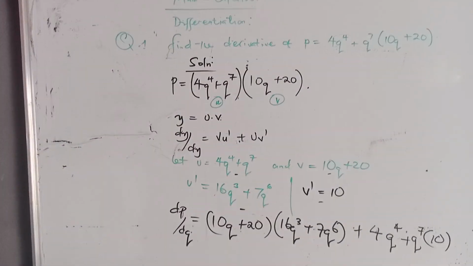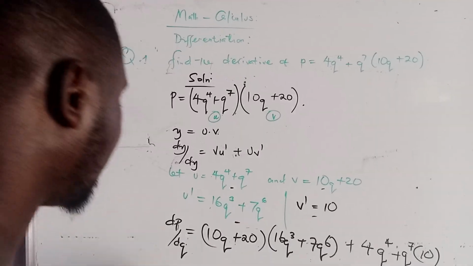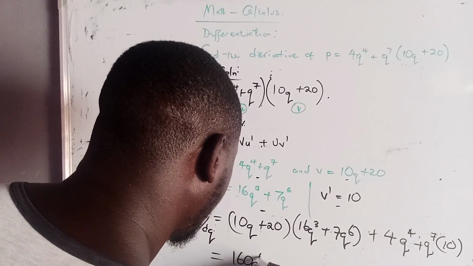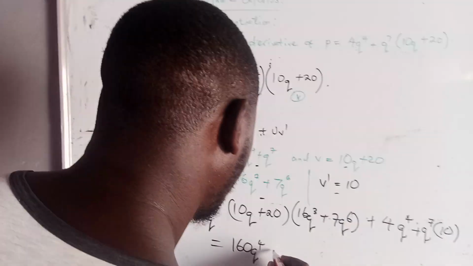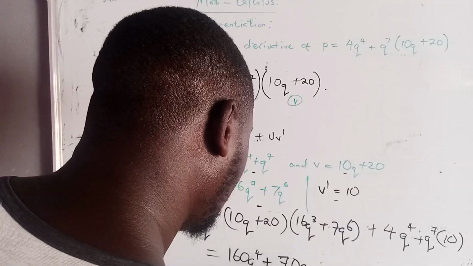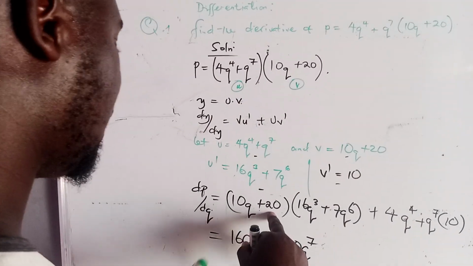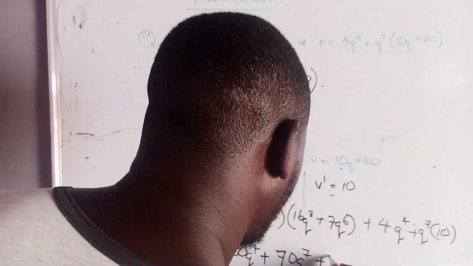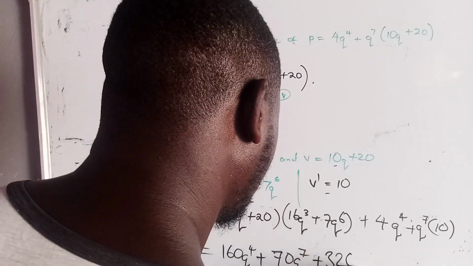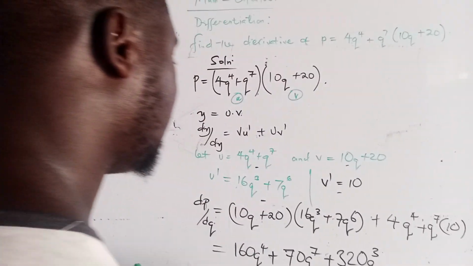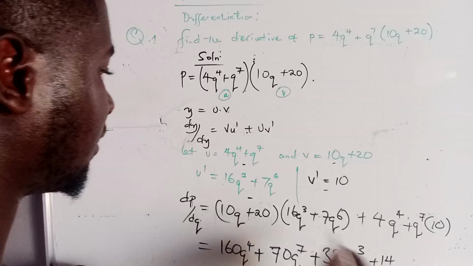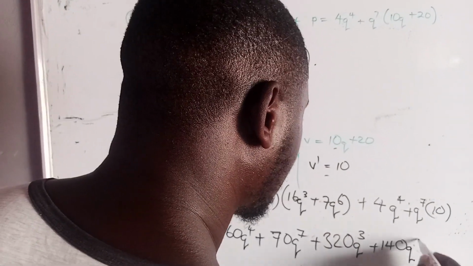From here you can simplify these things. When we simplify, 16 times 10 gives 160q^4. Then 7 times 10 gives 70q^7. Then this one multiplied with this, 16 times 20 is 320q^3. Then 7 times 20 is 140q^6.